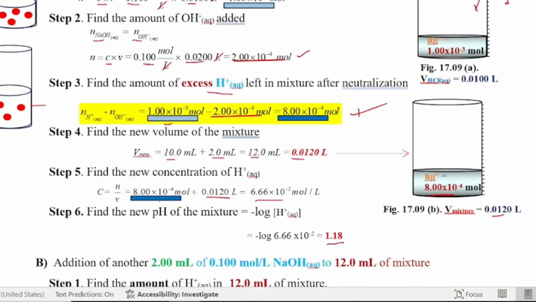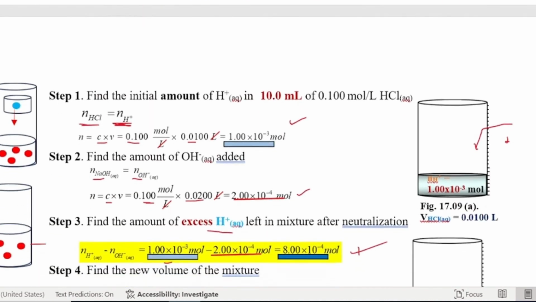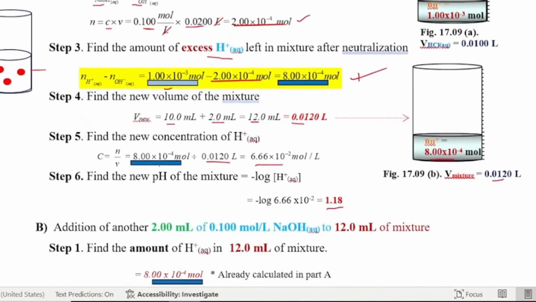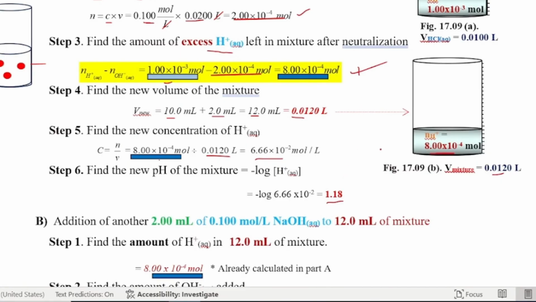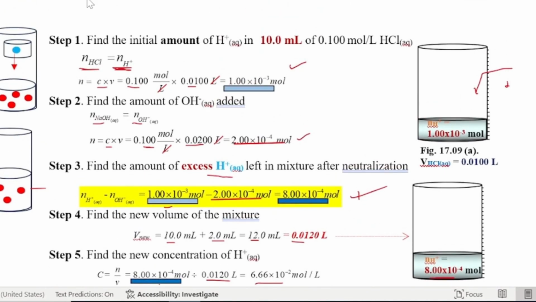Look, the pH went up. What was the pH? pH was 1. Why is the pH going up? The pH is going up because the concentration of your hydrogen ions is getting less because you're neutralizing it by OH ions. Look, this is analogous to what is happening. Let's say I have 4 red balls in that volume of solution, right? And you're adding a blue ball, and every blue ball here is an OH ion, and every red ball here is a hydrogen ion.